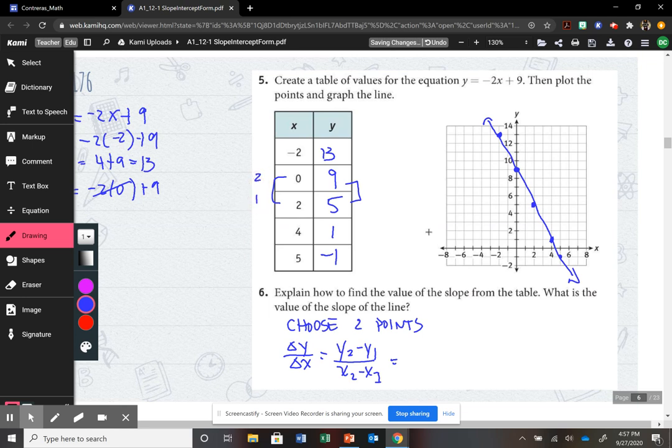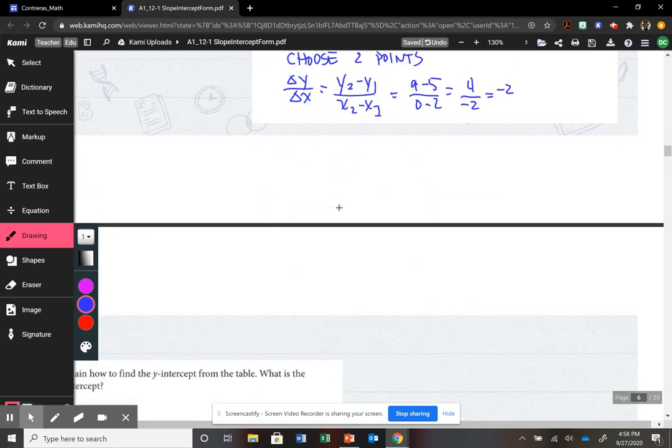So I do 9 minus 5 for my y. For my x, it's 0 minus 2. So here I get 4 over -2, which is just -2, which is what we're looking for, right? Our slope is -2. Okay, so that's how you find the slope on a table.